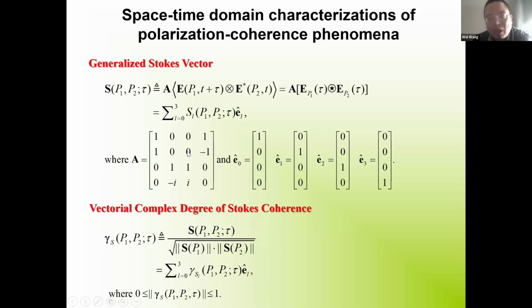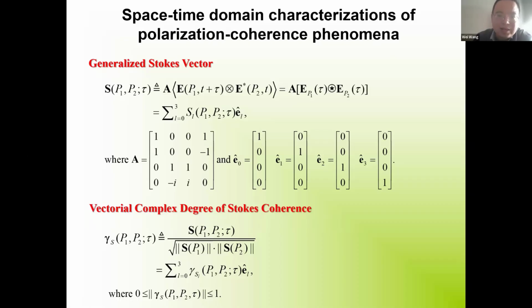Through this mathematical definition, we see that the generalized Stokes vector can be considered as the matrix direct correlation of the 2 electric fields at the 2 different points, P1 and P2, and here A serves as a linear transformation.